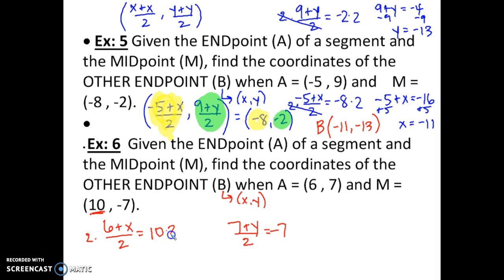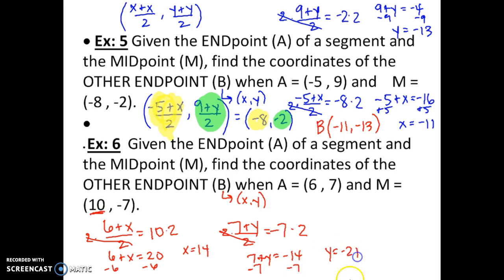So we multiply by 2. We get 6 plus x equals 20, and subtract 6. So x equals 14. Multiply by 2: 7 plus y equals negative 14. Subtract 7: y equals negative 21. So my point B is at (14, -21).